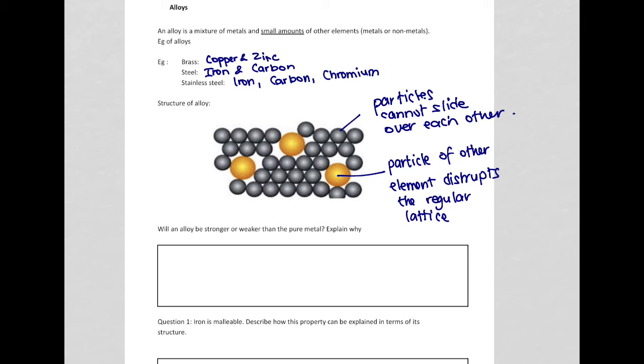Now an alloy is going to be stronger because you need to apply a greater force for the layers to be able to move. Because of these disruptions due to the other element, the layers will not be able to slide right away. So you'll need to apply a larger force to start the movement of these layers.